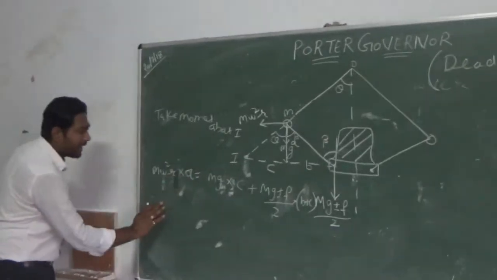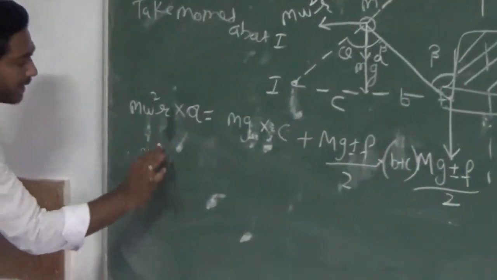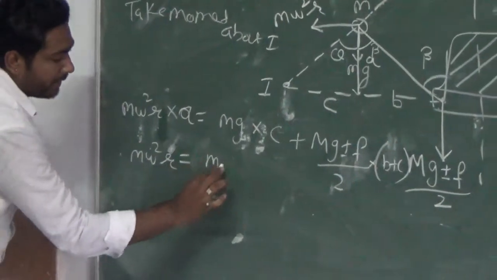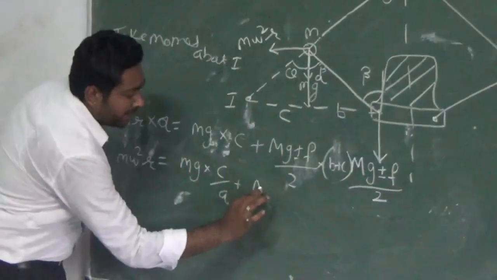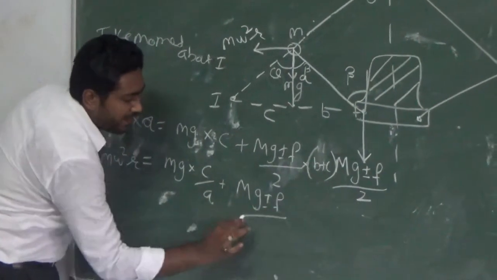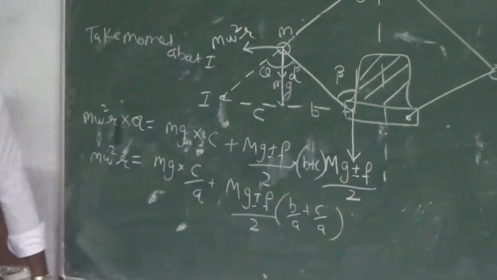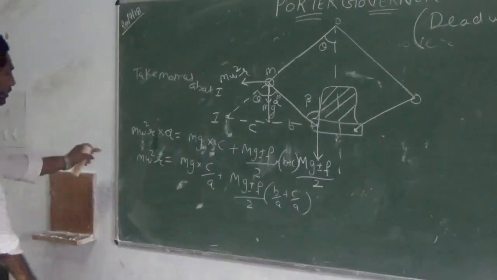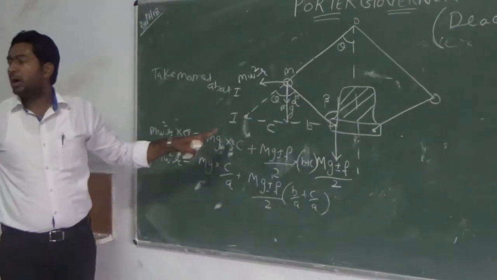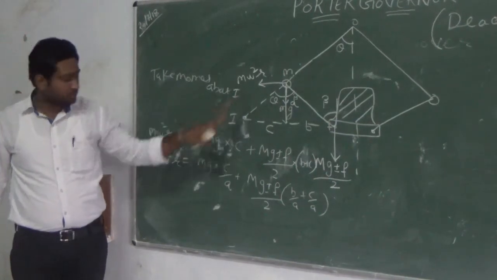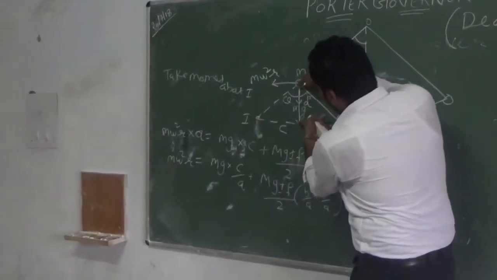Now divide both sides by term A. m omega square r is equal to mg into c upon A plus capital MG plus minus f by 2 into b upon A plus c upon A. Got it? So what is c upon A?